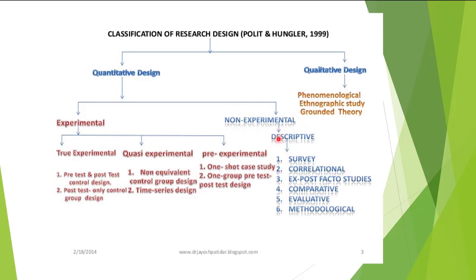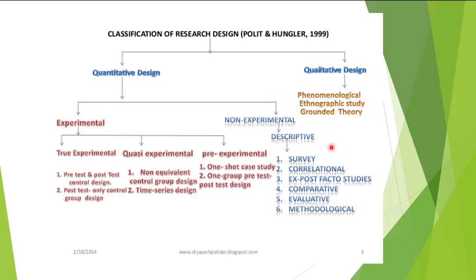Generally, non-experimental is just like descriptive. Other authors would just relate or connect it with descriptive, or that is the other name for this. So descriptive or non-experimental could be in the form of survey, correlational, ex post facto studies, comparative, evaluative, and methodological.